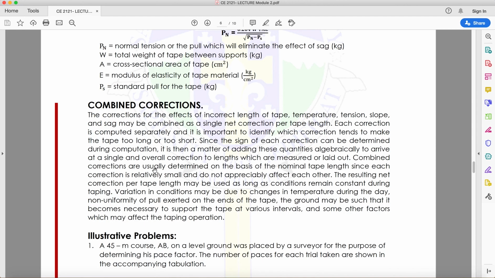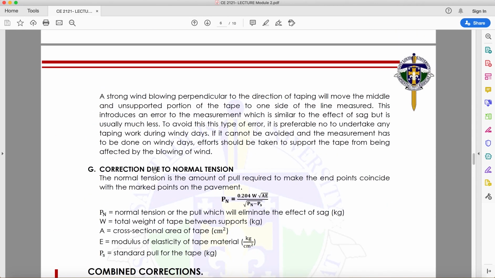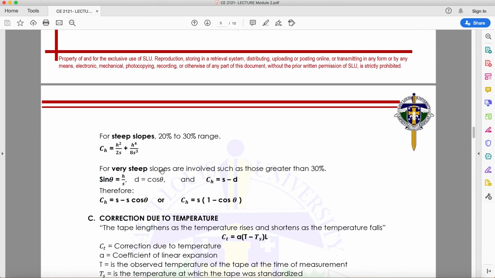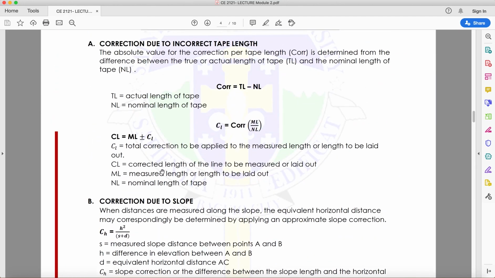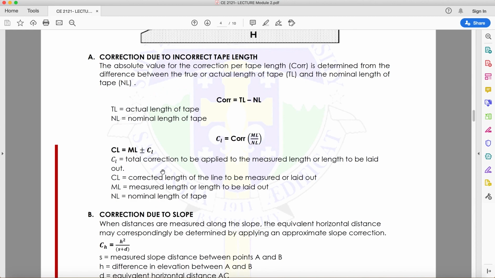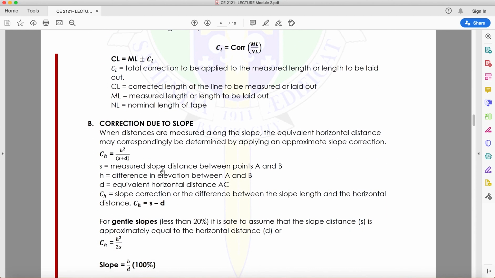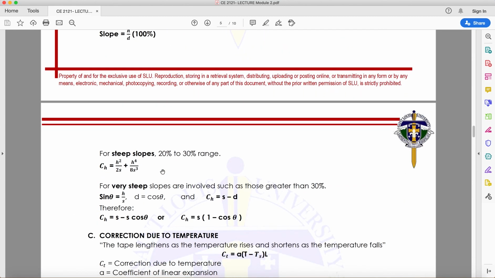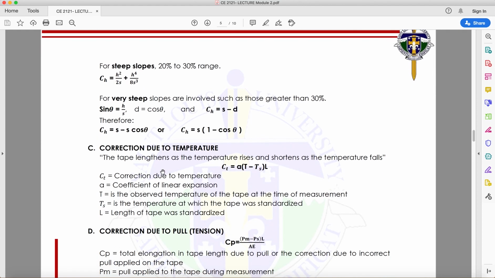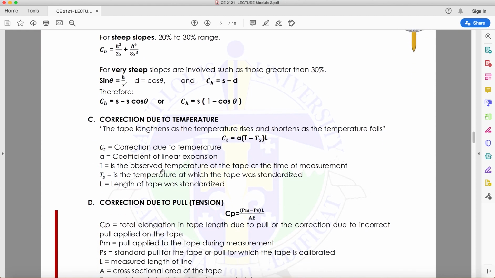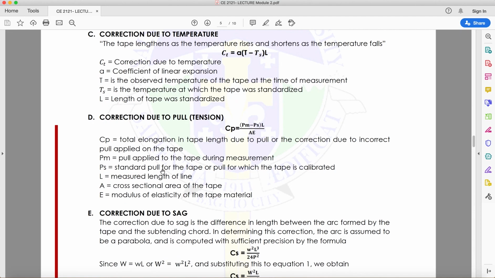So, it can be a case that our corrections occur at the same time. There might be a correction due to incorrect tape length and correction due to slope. And there is also a correction due to temperature. Okay? And correction due to pull.